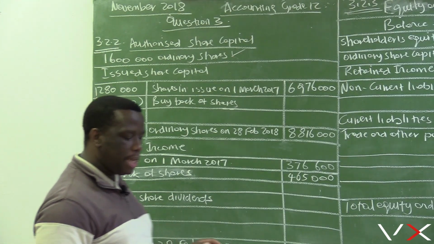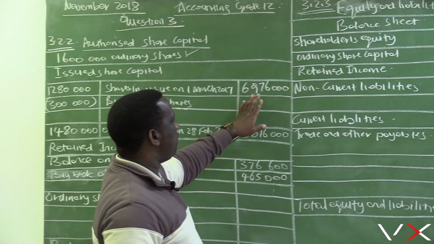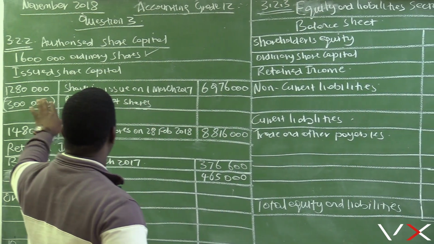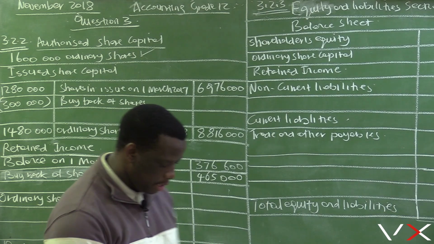The average issue price, how do we calculate it? You take your capital balance and divide it by the number of shares in issue.